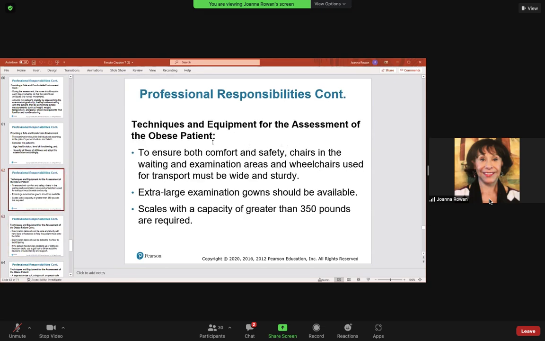Techniques and equipment for the assessment of the obese patient. To ensure both comfort and safety, chairs in the waiting room and examination areas and wheelchairs used for transportation must be wide and sturdy. Extra large examination gowns should be available. Scales with a capacity of greater than 350 pounds are required.